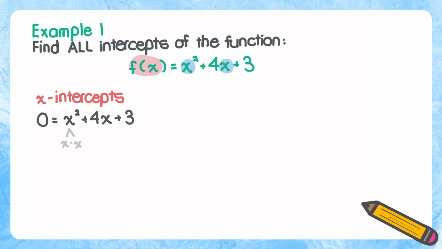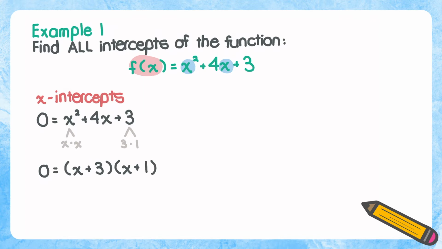All right, so x squared breaks down to x times x. For 3, the only factor pair is 3 times 1. So if we factor this, we get 0 equals (x plus 3) times (x plus 1).